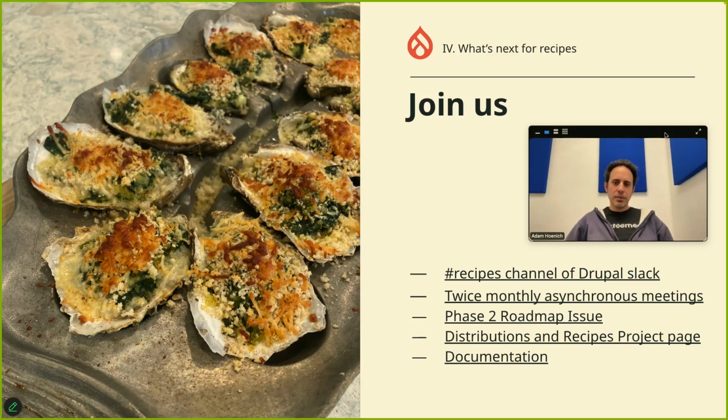So once we finished phase 1 and got recipes into 10.3, we prioritized our issues in a big meta issue. We still have the distributions and recipes project page. So our project on Drupal.org is a complete fork of Drupal.